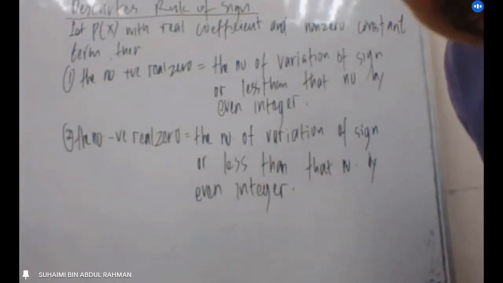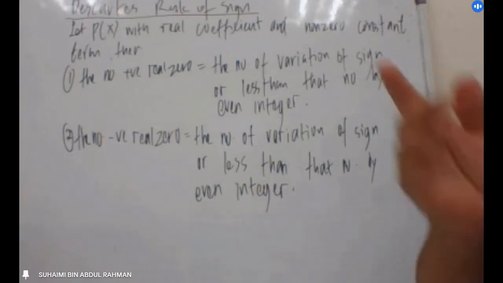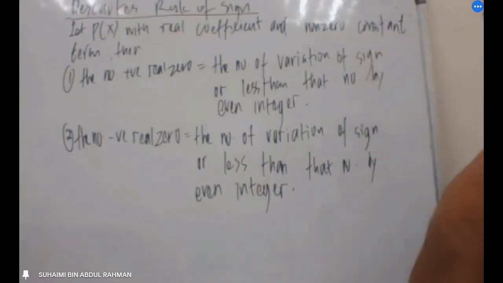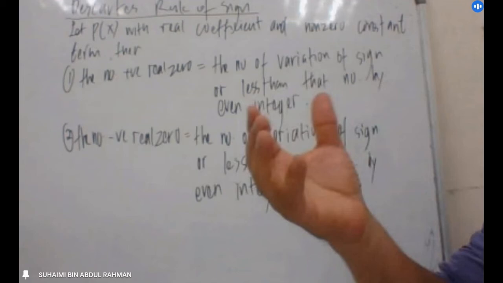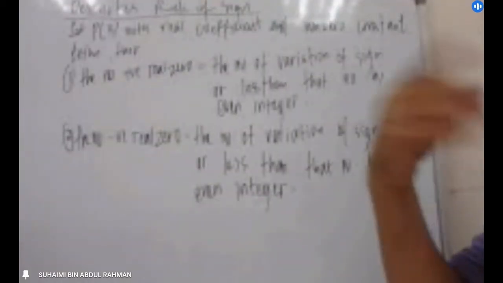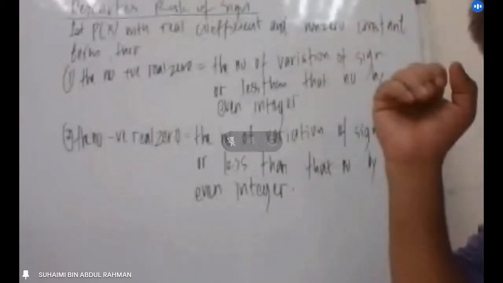That's what Descartes' rule of signs says. Therefore, if we want to find how many positive real zeros and how many negative real zeros there are, we use Descartes' rule of signs. It will tell us how many real zeros, how many positive real zeros, and how many negative real zeros.